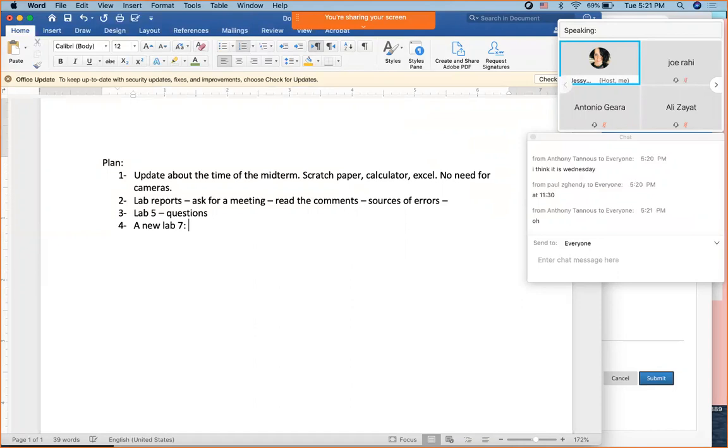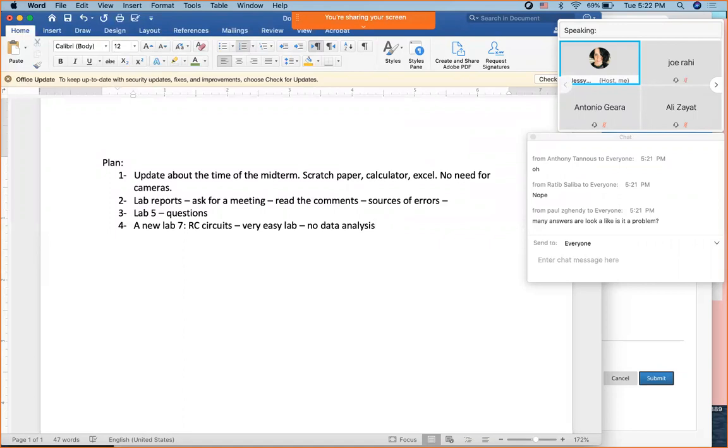Lab 7 is about RC circuits. It's a very easy lab. No data analysis required. I mean by data analysis, you're not supposed to do RMS, propagation of error, nothing. But definitely you need to analyze your data in terms of proportionality, in terms of the behavior of the different parameters. The lab is an introductory lab for RC circuits.